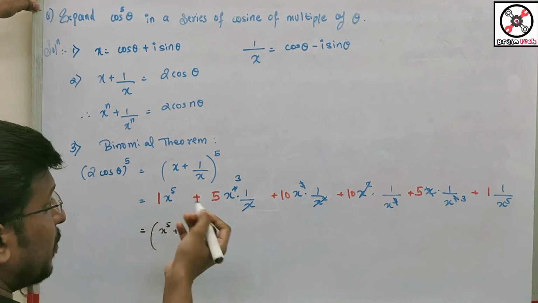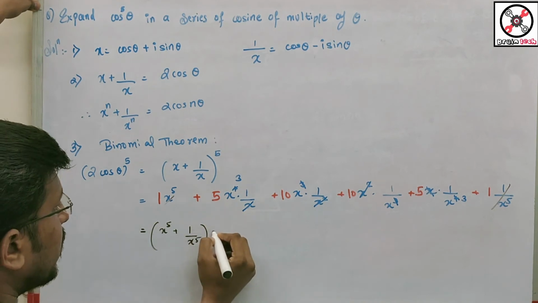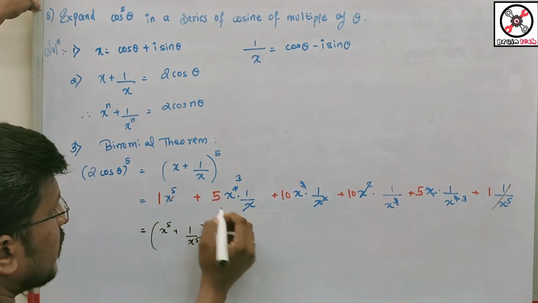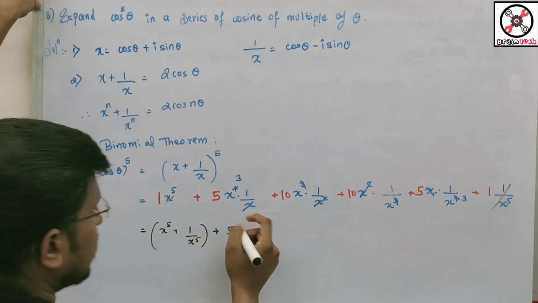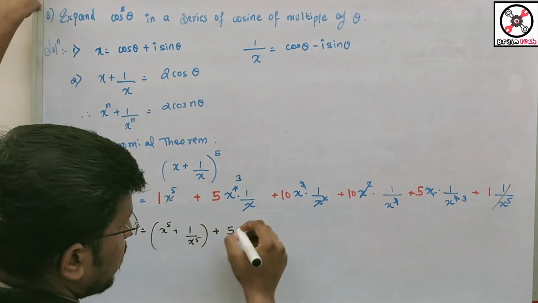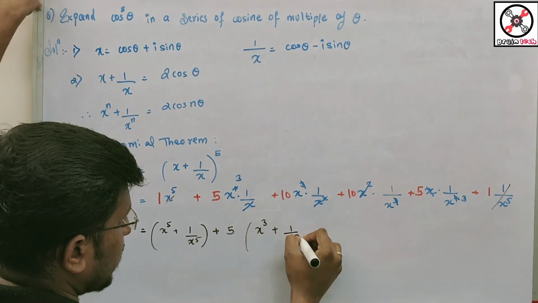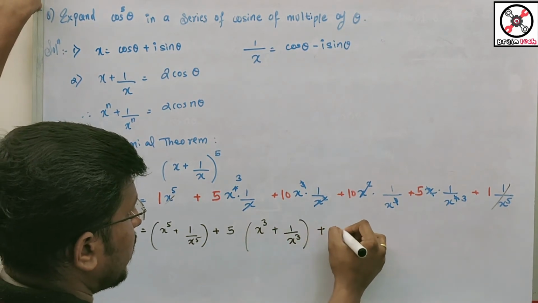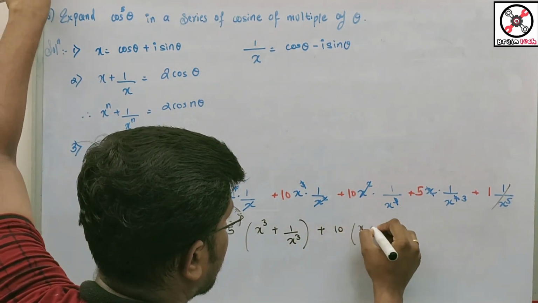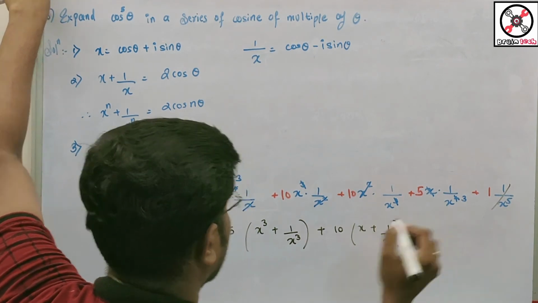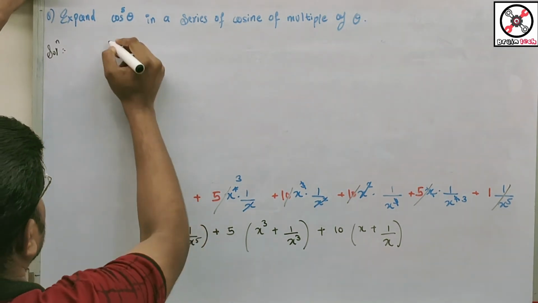Then plus 5 is common: x cube plus 1 upon x cube. Plus 10: x plus 1 by x. So everything gets cancelled.